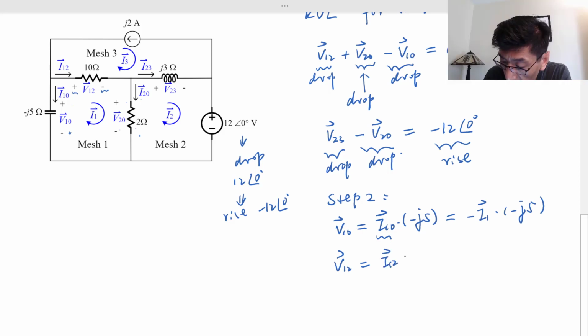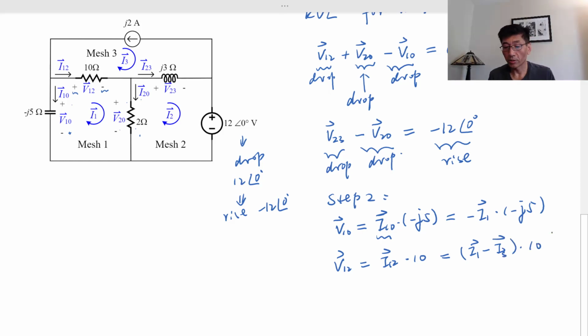By the way, in this case, I sub 1, 2 and V sub 1, 2 follow the passive sign convention, so that's just equal to I times Z. And this 10 ohm and I sub 1, 2 are related to the mesh currents by I1 minus I3 times 10, and so on and so forth. You can write all these equations. And step 3, you substitute all these equations into the first KVL equations.